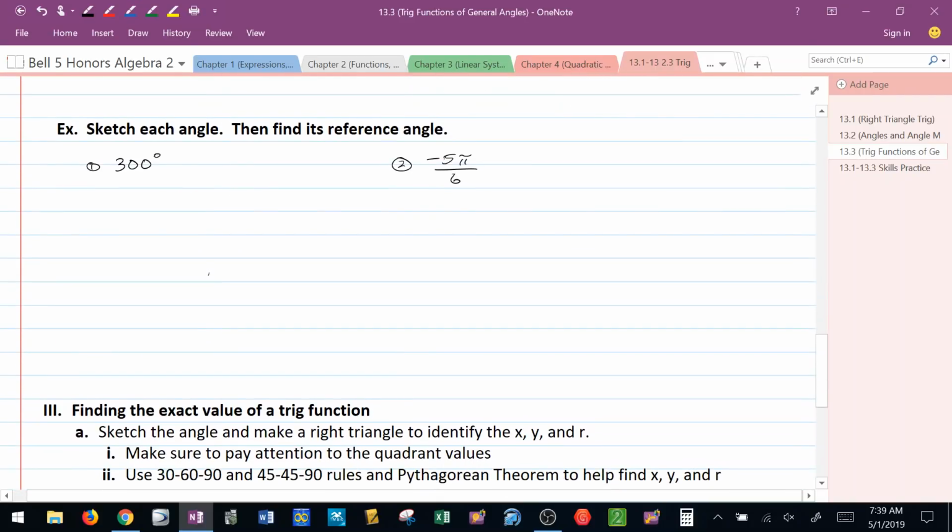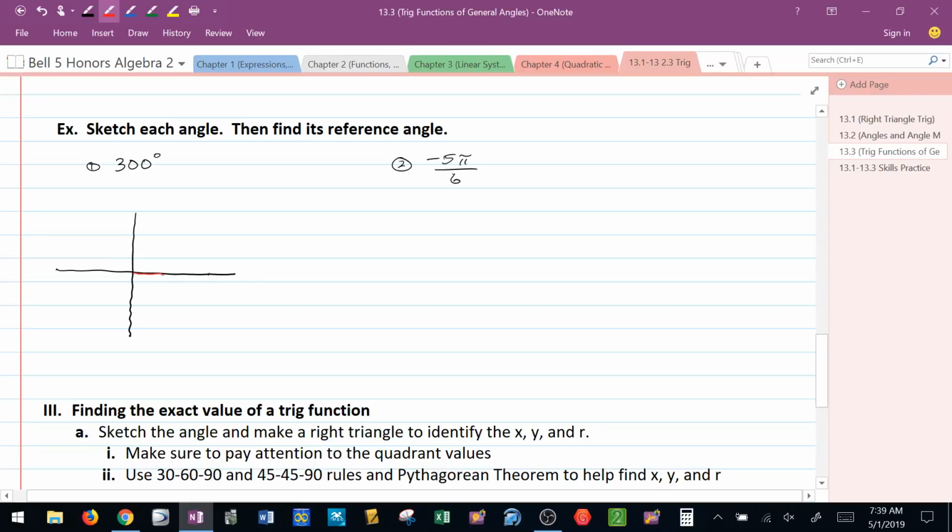All right, so a couple of quick examples here. The first thing I want you to do is make sure that you can sketch a 300-degree angle. So if I start right there, I know that 300 degrees is going to be a little bit beyond 270.